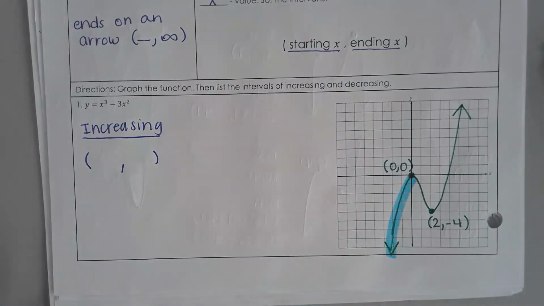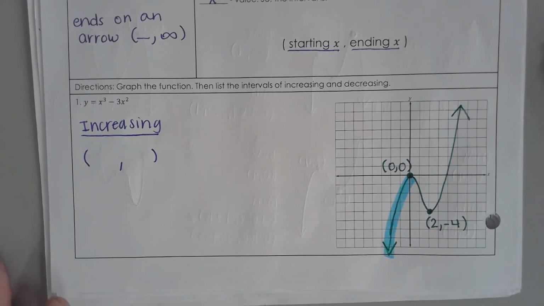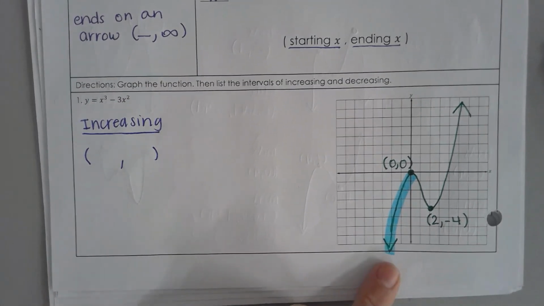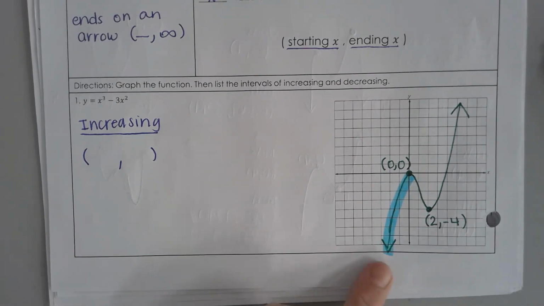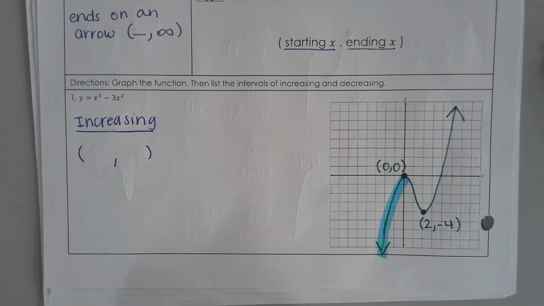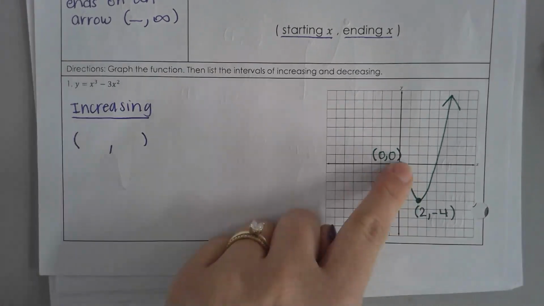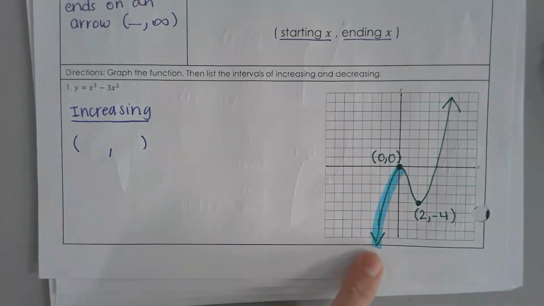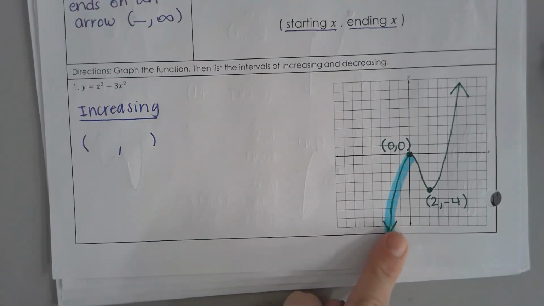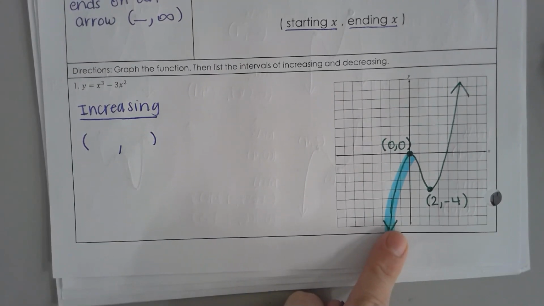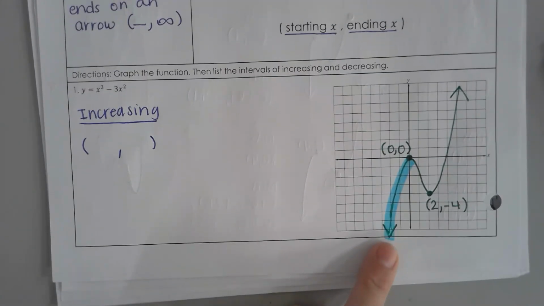So I'm going to have an interval. Where do I start increasing? At what point? That's where I end. So we're going kind of left to right. Where do I start? Negative infinity. There's an arrow there. Yeah, I start on the arrow.